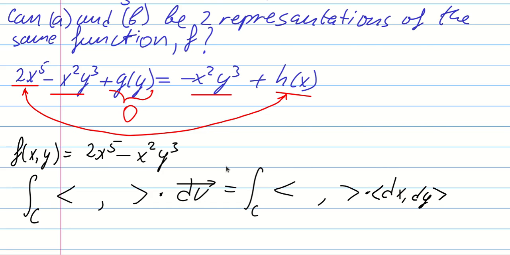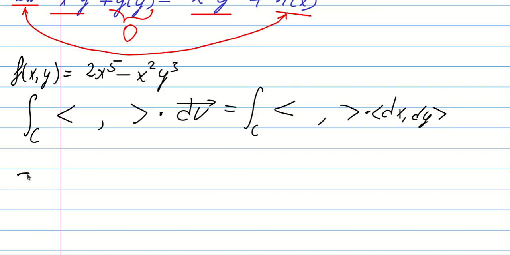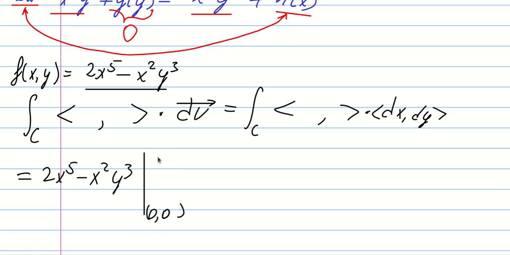But the fundamental theorem tells you it's really easy to do. You don't really need to figure out this part. You just have to set it equal to f of b minus f of a. And this is your f. So you just say 2x to the 5 minus x squared y cubed evaluated from the initial point 0, 0 to 3, 2.